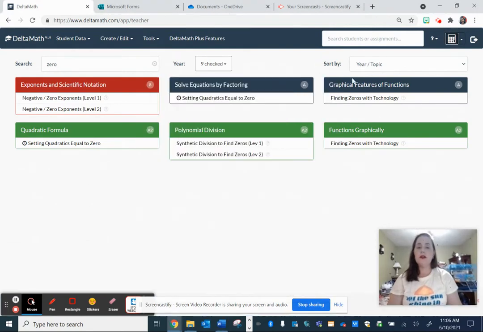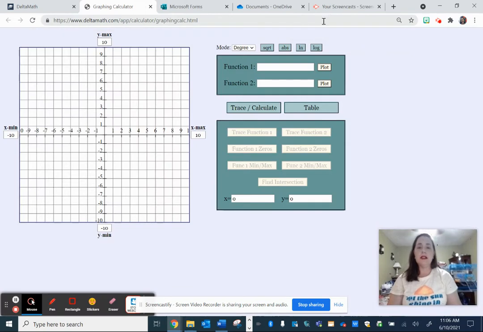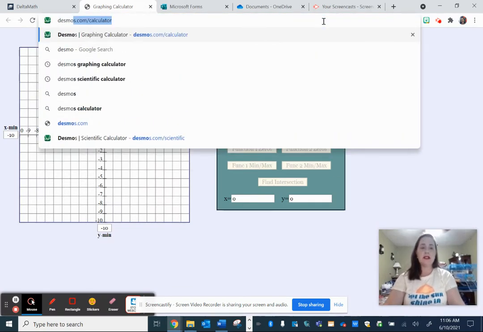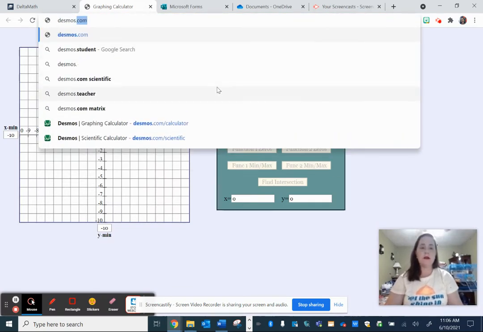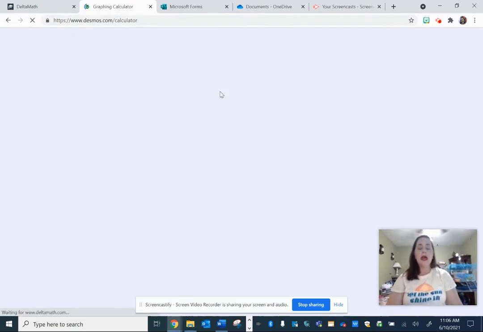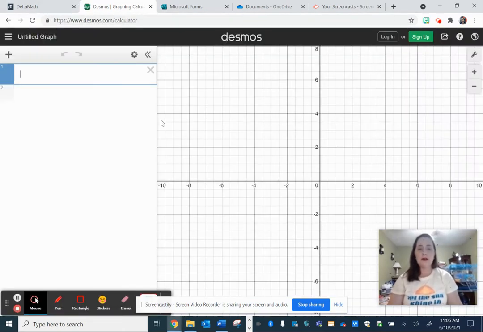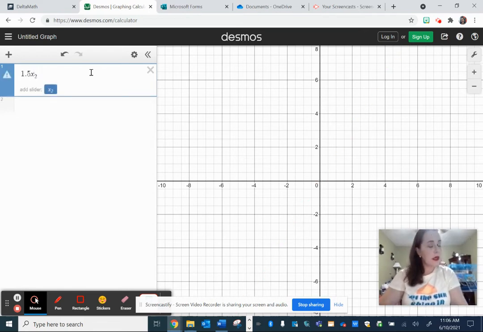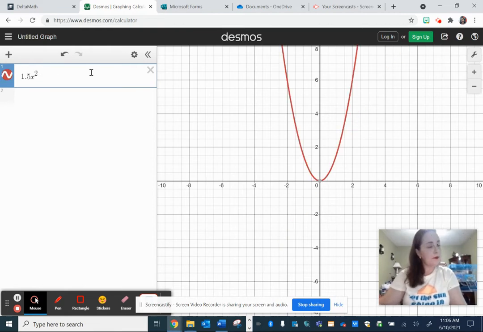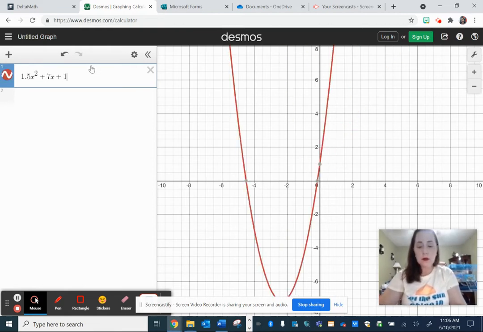So I'm going to move over to a graphing calculator here, and you can use Delta Math, you could use Desmos. In fact, let's just use Desmos because I prefer Desmos, the graphing calculator. And I'm going to type in this function that they've given us in our notes. So 1.5x squared, plus 7x plus 1.8.